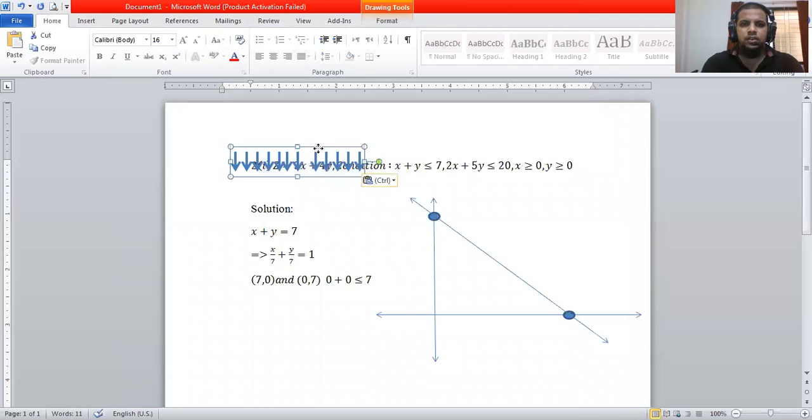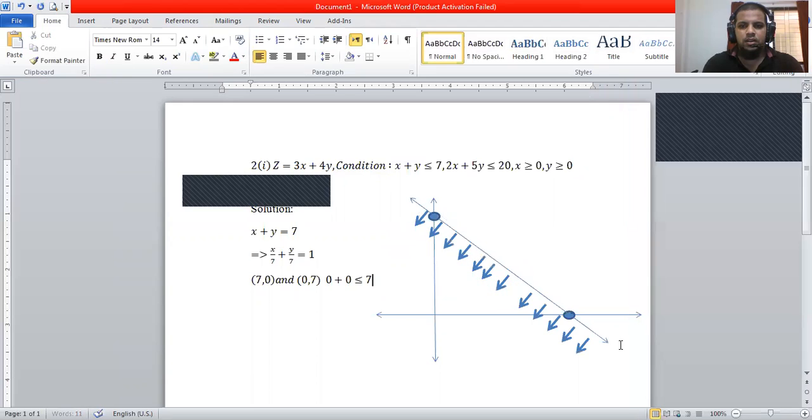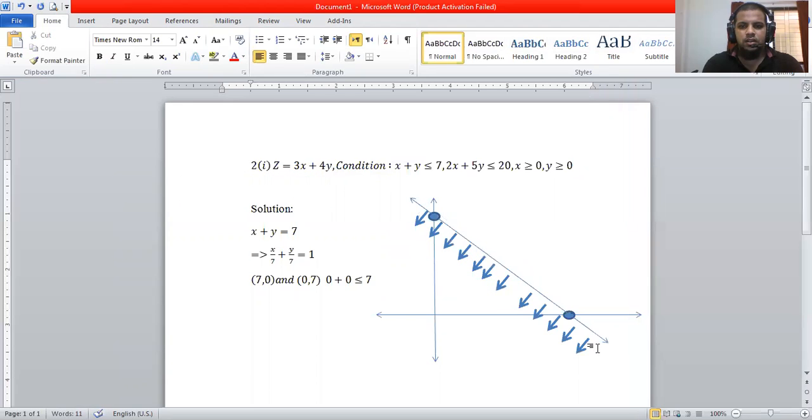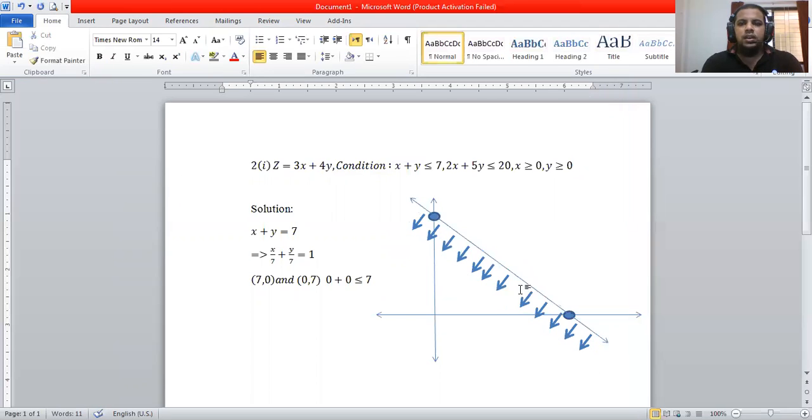As it goes towards the origin, that's why we are writing like this.